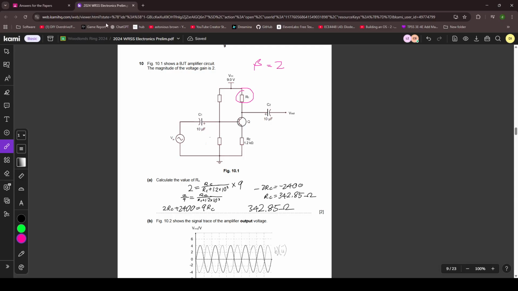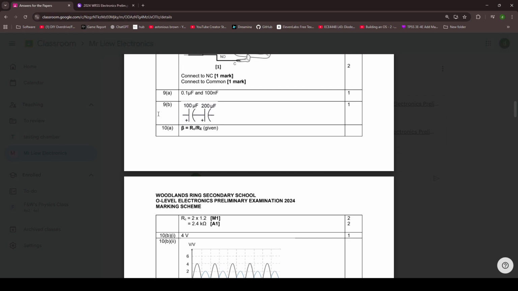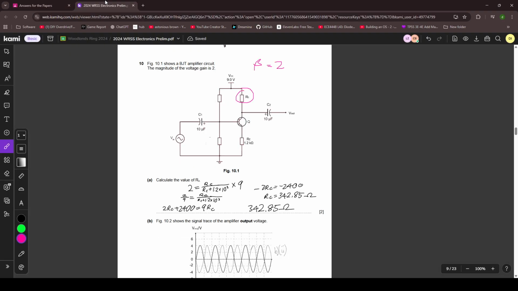What? Oh, am I saying the wrong thing? This is voltage gain, not current gain.